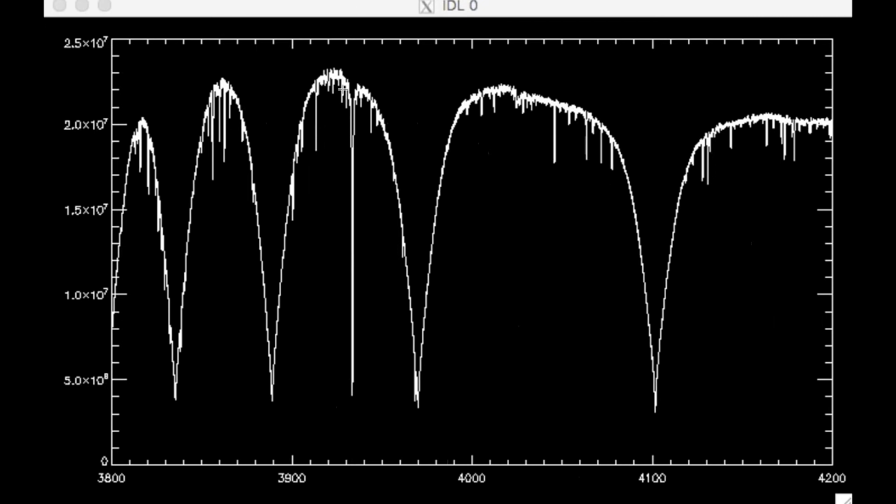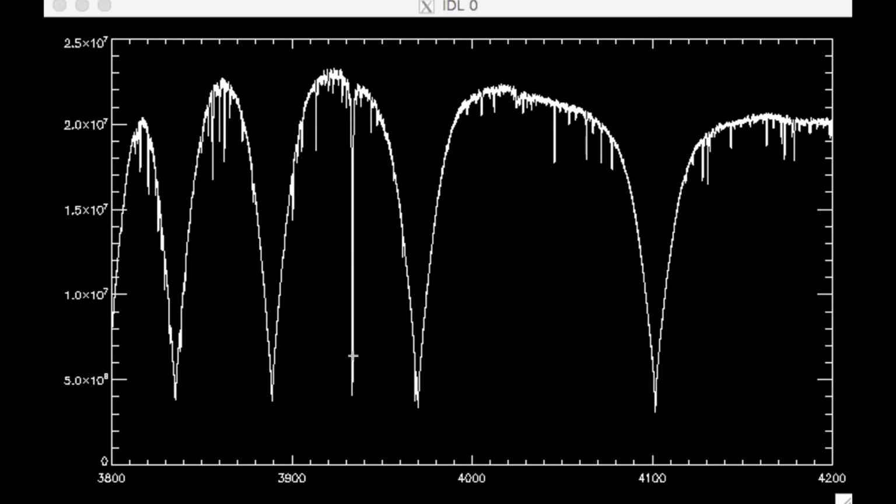There's one line in this spectrum, though, that is very, very different. I'm just going to mention this momentarily. This line happens to not be from the star at all. It's from the interstellar medium. It's a calcium 2 line.